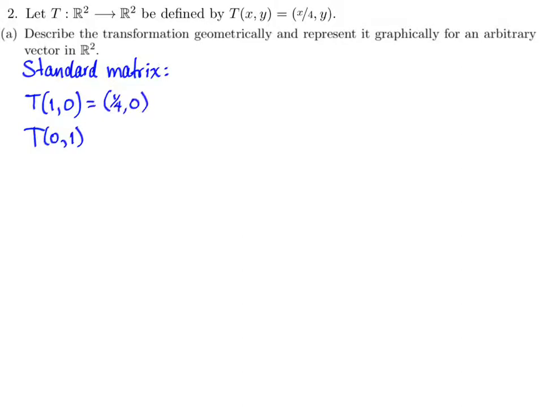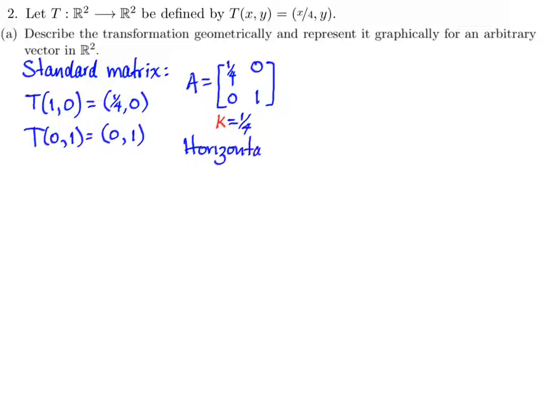So T of 1, 0 is just 1 over 4, comma, 0. And the other one is just 0 over 4, comma, 1. And so now we can write down the matrix. It's going to be 1/4, 0 and 0, 1 are the two columns. So we can see that k is 1/4. And this looks like it has to be a horizontal contraction.